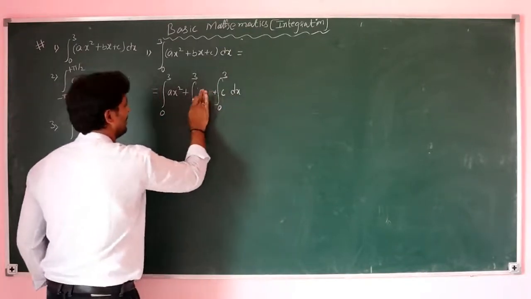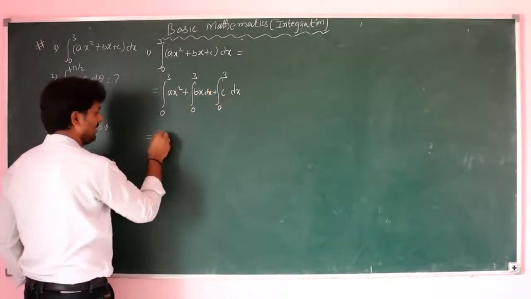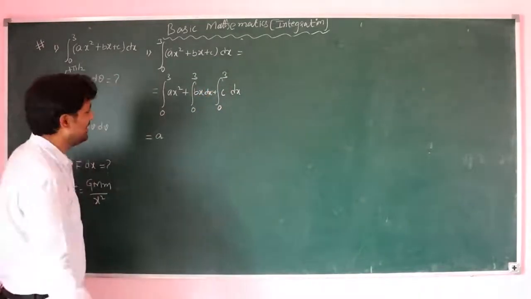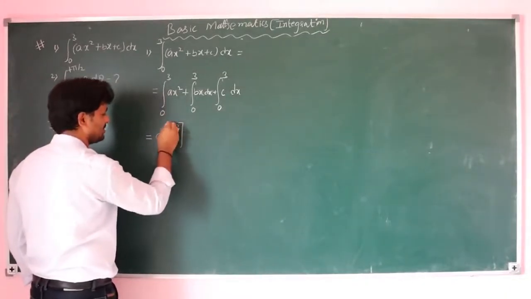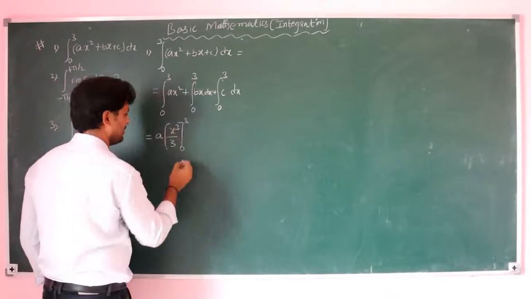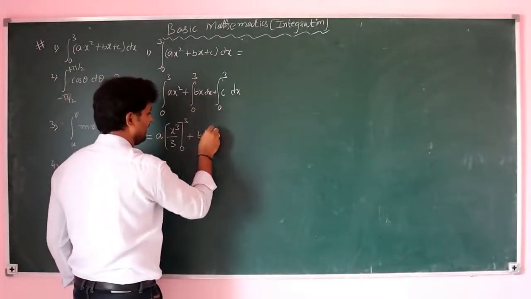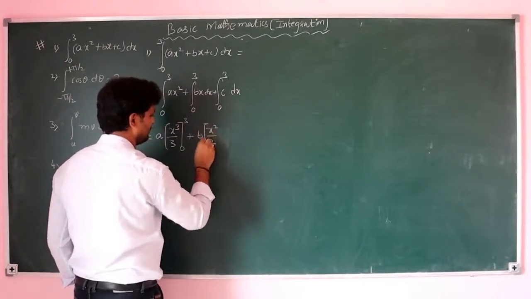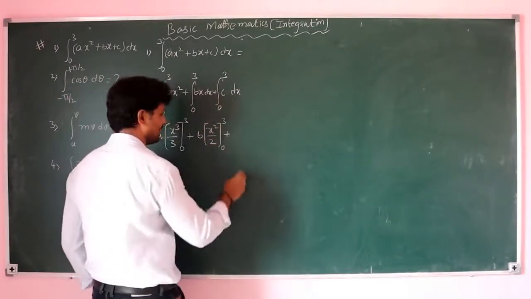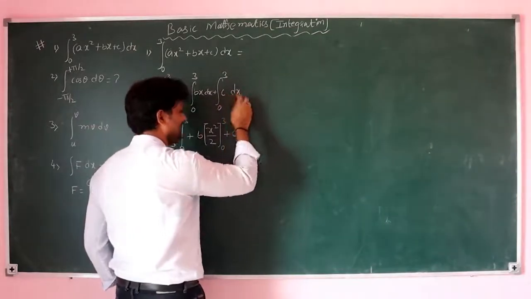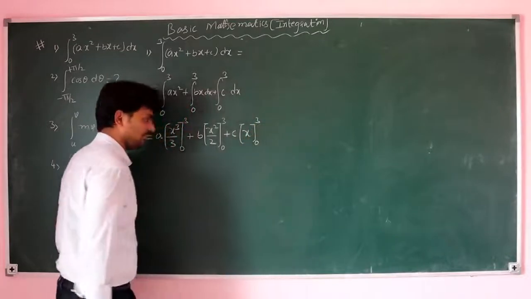First I am writing the separation of this. A is constant, integral x square, x cube by 3, limits 0 to 3, plus b is constant, integral x, x square by 2, 0 to 3, plus c is constant, integral dx is x, 0 to 3.